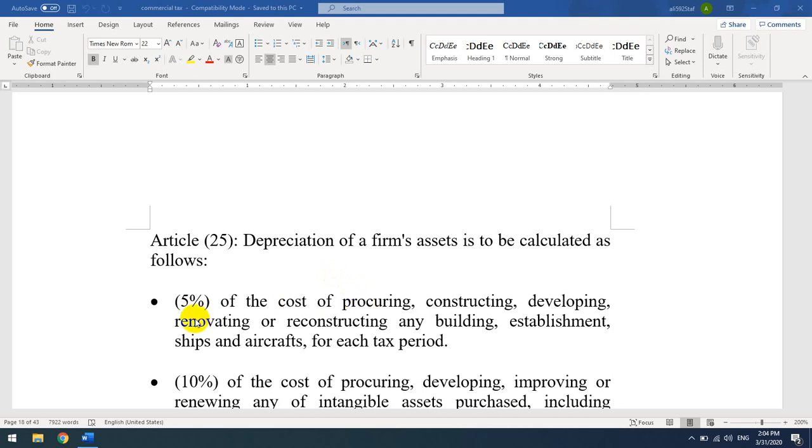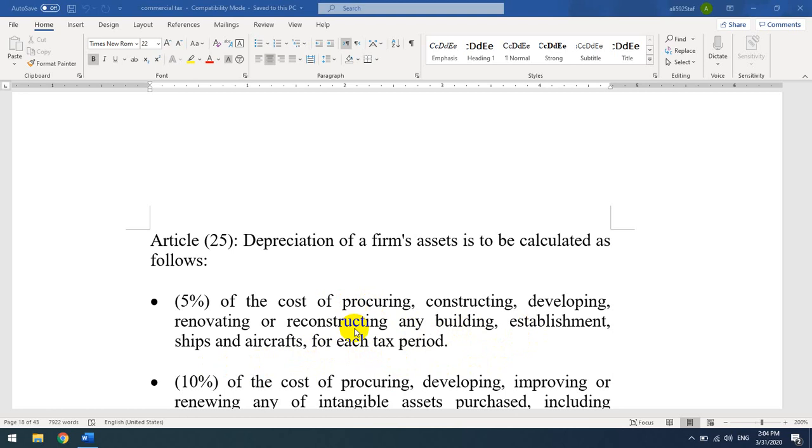The group number 1 includes constructing, developing, renovating and reconstructing any building, establishment, ships, aircraft for each tax period.